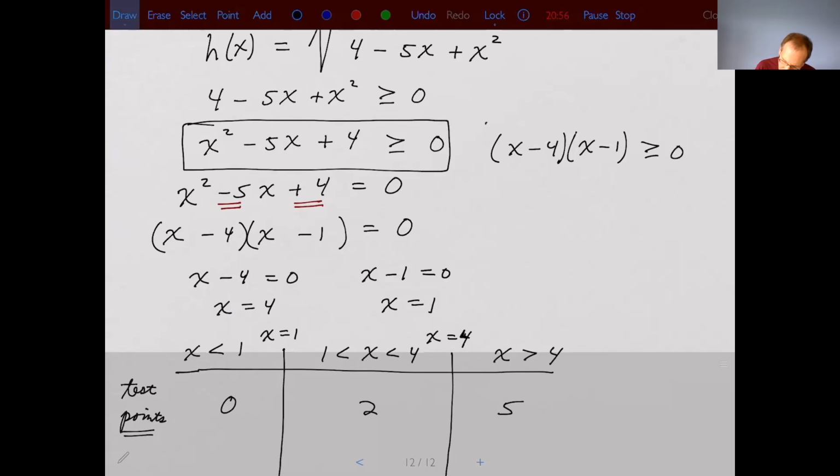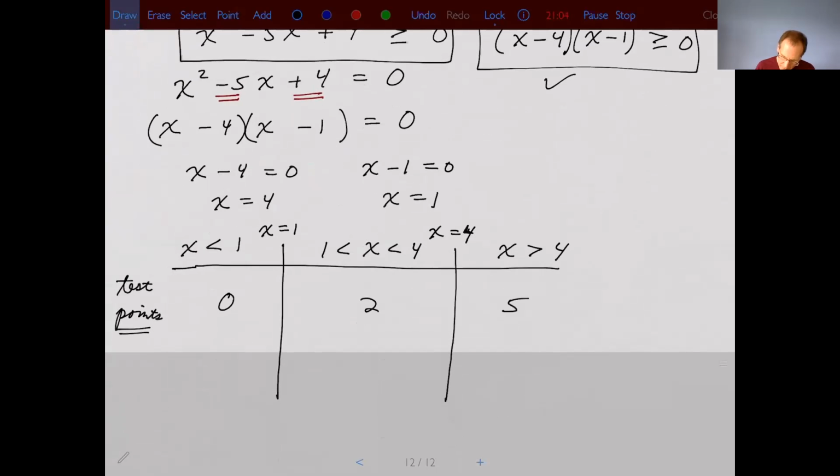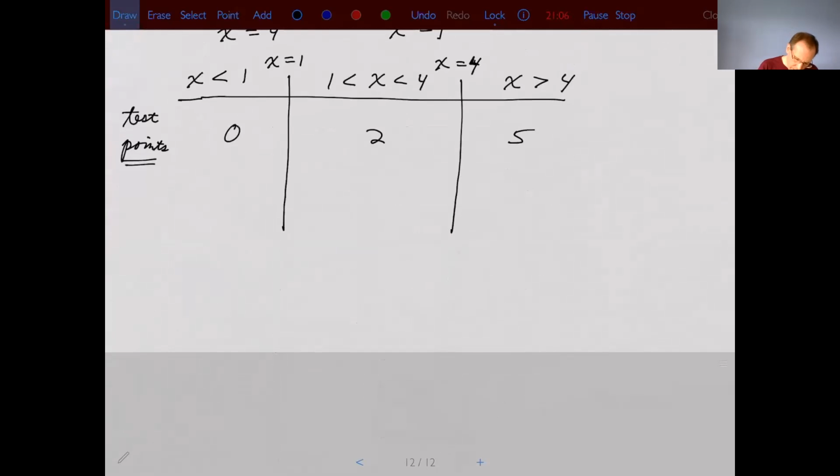And it's easier just to plug into things when they're in factored form. So I really want to use this form right here. Okay, so I have x minus 4 times x minus 1 is greater than or equal to 0.